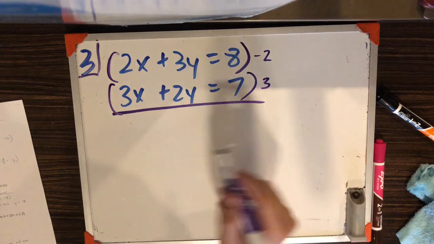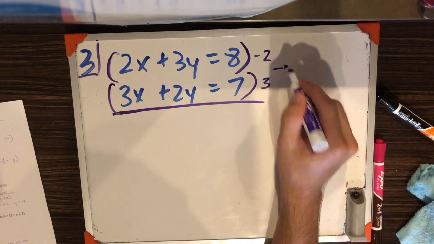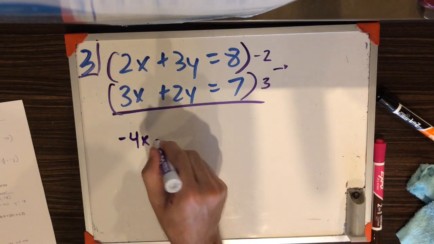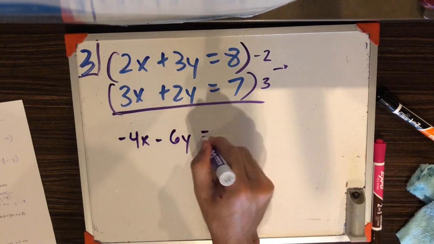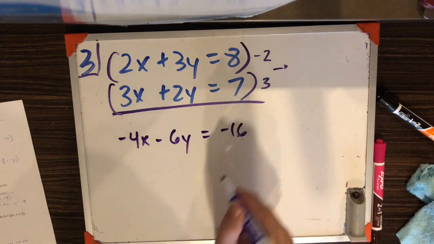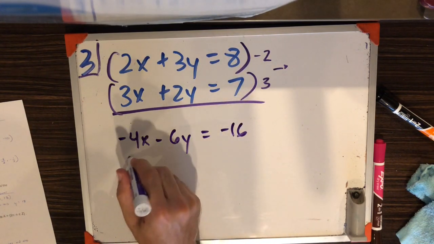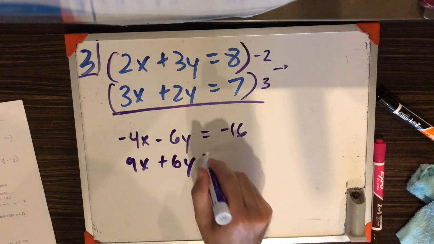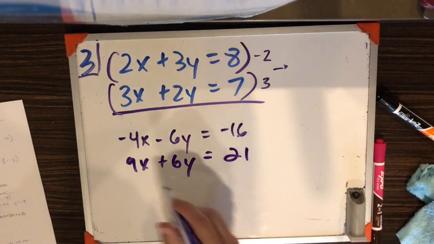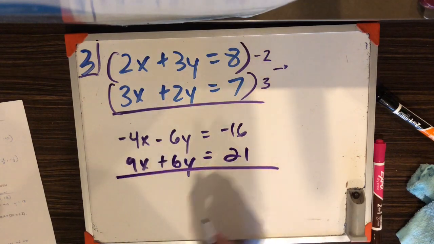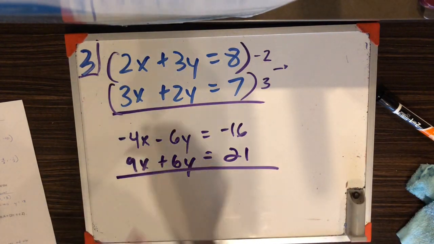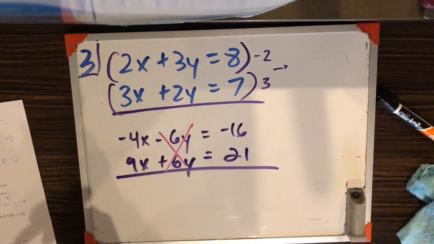Okay, so we'll end up having brand new equations, right? So what are our equations? Well, it should be negative 4x, negative 6y is equal to negative 16. We end up with 9x plus 6y is equal to 21. Okay, these of course will knock out, just like how we wanted them to be.